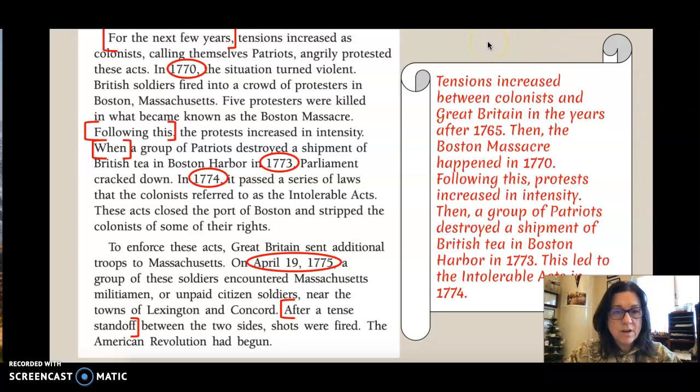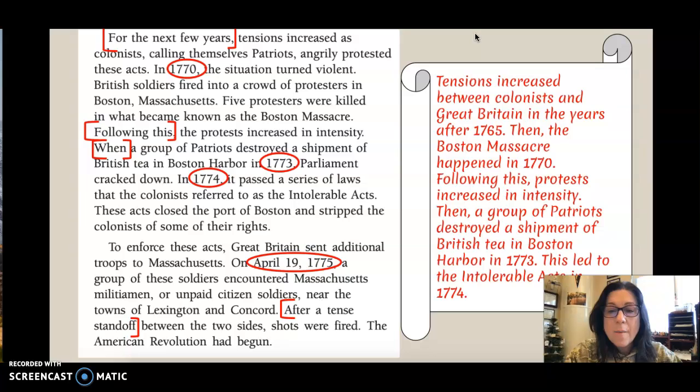The tensions increased between the colonists and Great Britain in the years after 1765.